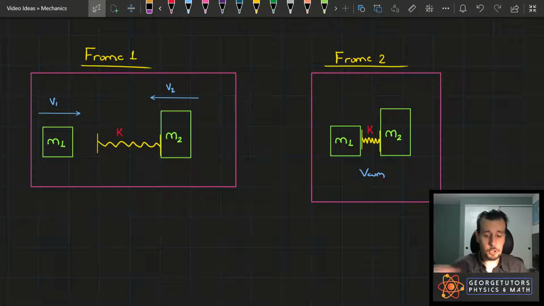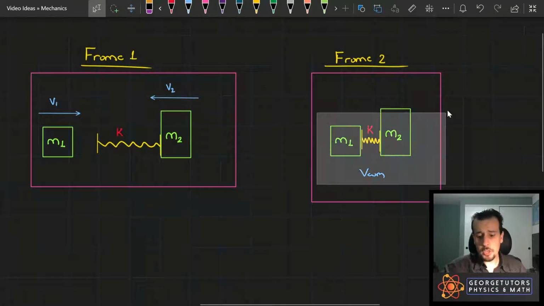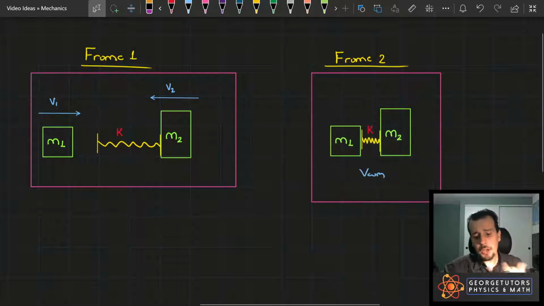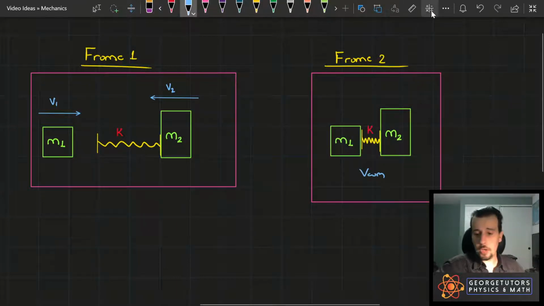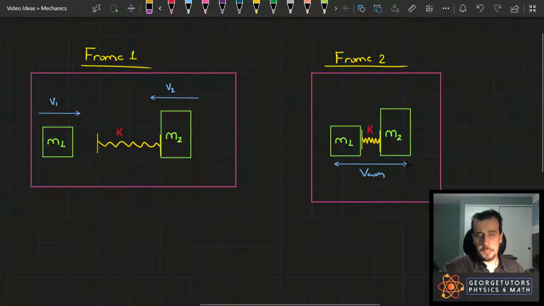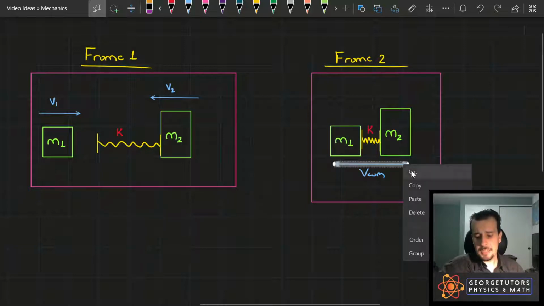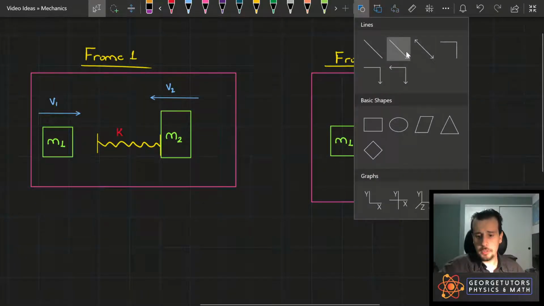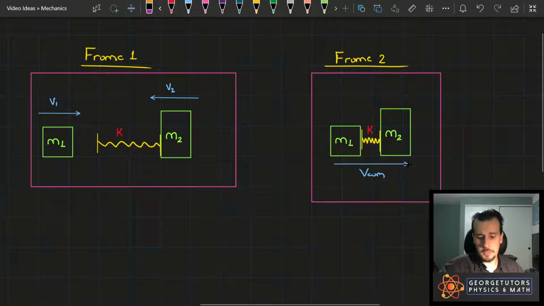Now, what direction is going to win over here? Not knowing the numbers means that the direction of the VCOM vector is ambivalent. We don't know where it's going to point, so we'll have to take a guess. I'm going to go with my original demonstration where I said that M1 wins the battle here, and I'm going to say that this vector points to the right, like this.